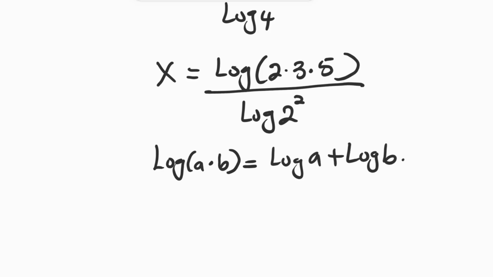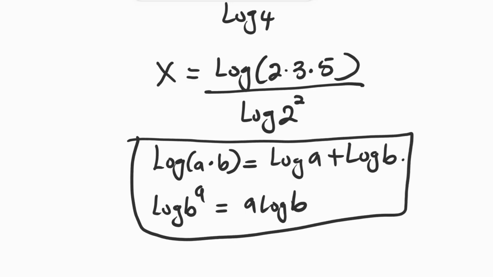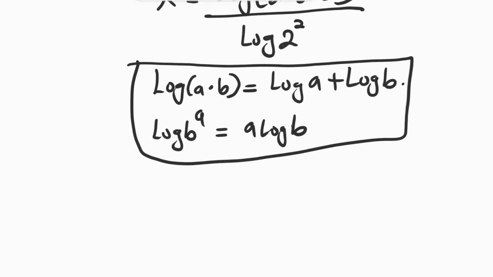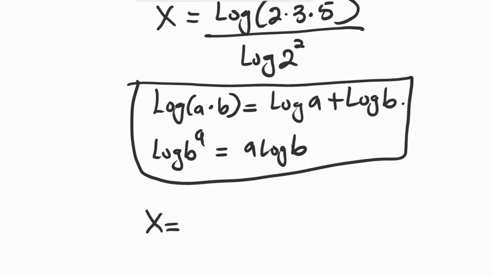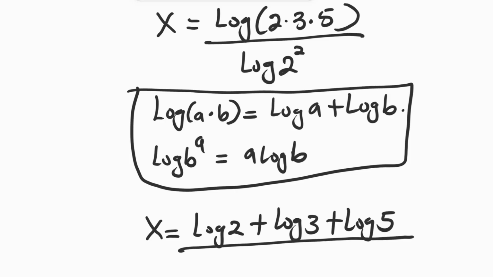And for the denominator, we have another log rule that states that log of b raised to power a is the same thing as a log of b, like what we did earlier. So let's apply these two log rules to the right hand side of our equation. It now becomes x equals log of 2 plus log of 3 plus log of 5, all divided by 2 log of 2.